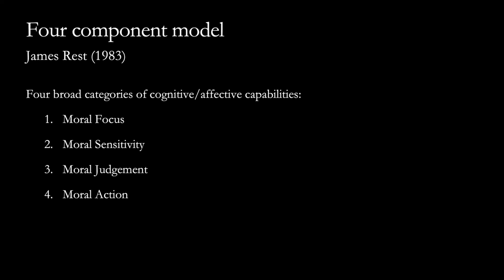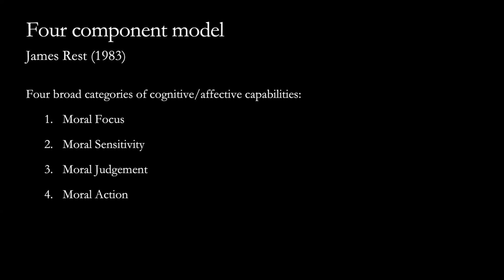One of the big paradigms within moral psychology, there are a few competing paradigms, but one of the major ones, and the one that we draw from most prominently, is called the 4-component model. The 4-component model was proposed by James Rest in 1983, basically after he looked at the literature on moral psychology and the various empirical studies and used the data to come up with 4 elements that comprise moral behavior in most people.